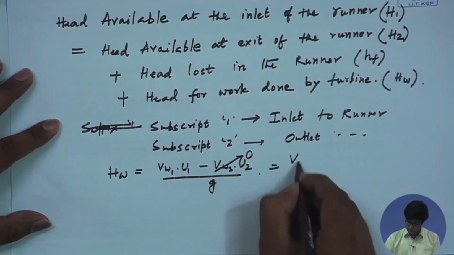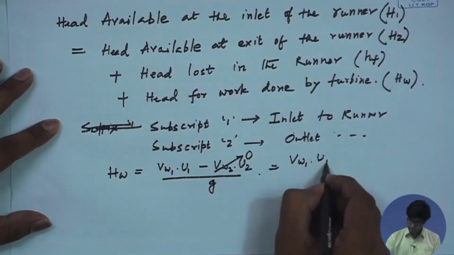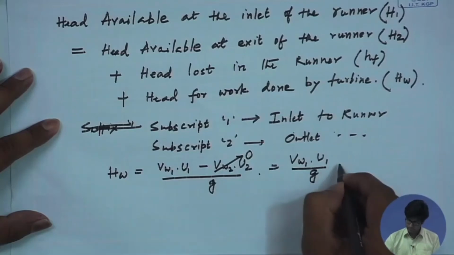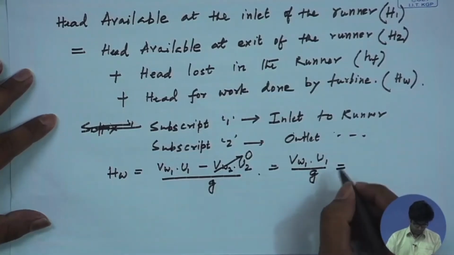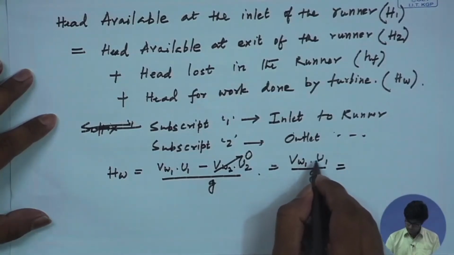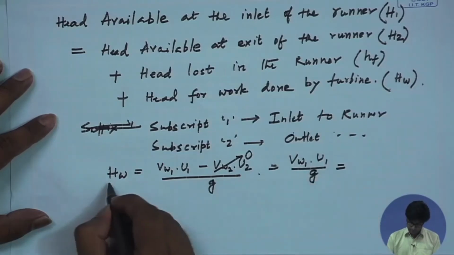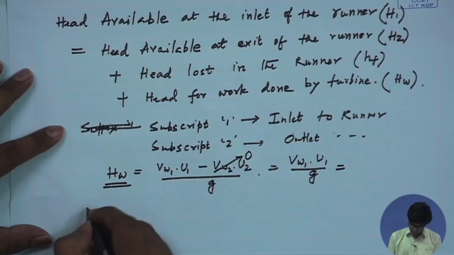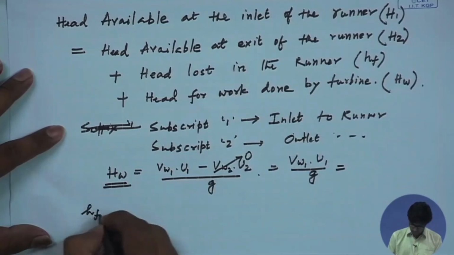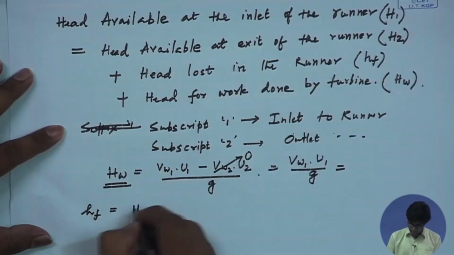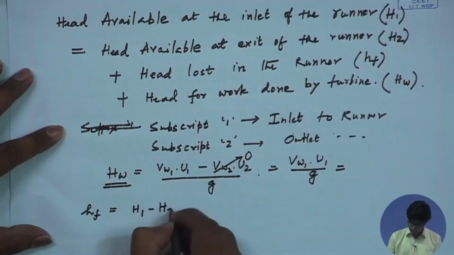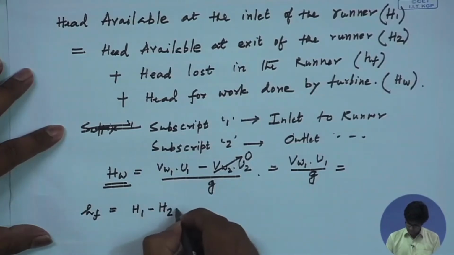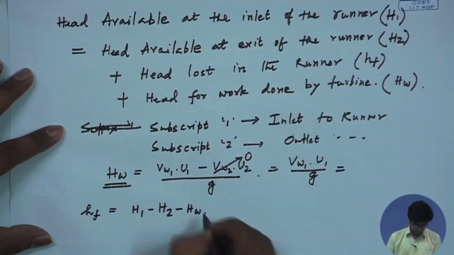So, we are left with VW1 U1 by g. We know the values of VW1, U1 and g, so we can find out the value of Hw. So, we can write Hf as H1 minus H2 minus Hw.